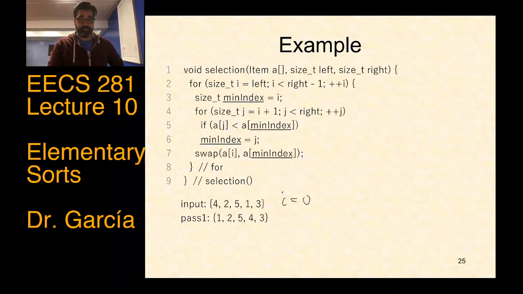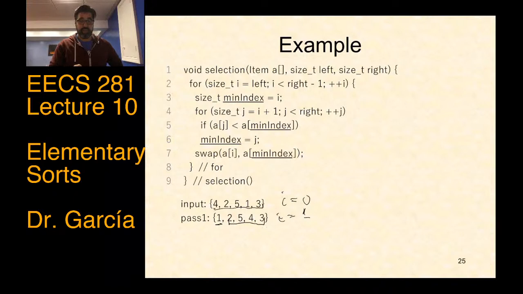So it does basically a min on all of this to find 1, place it there, and then I is now 1. So what the algorithm is going to do is go find the min of what remains, which is this section of the array.